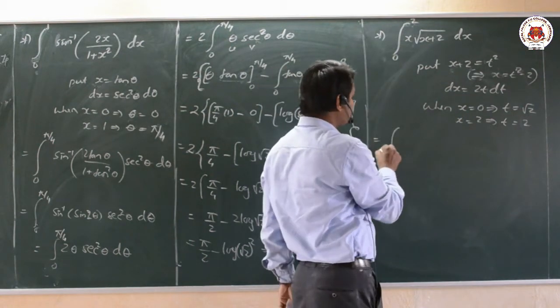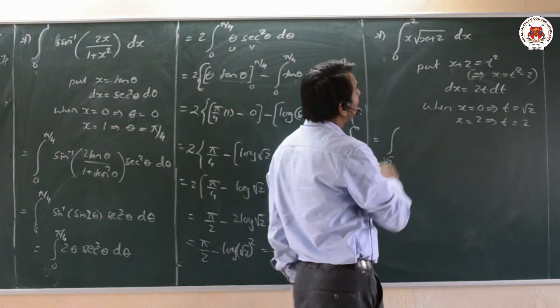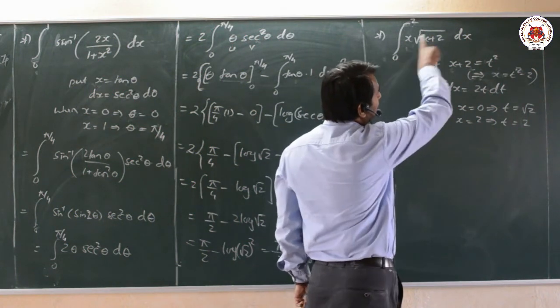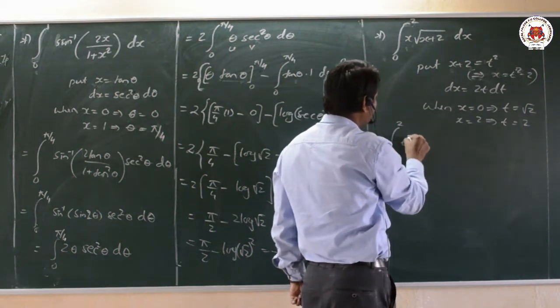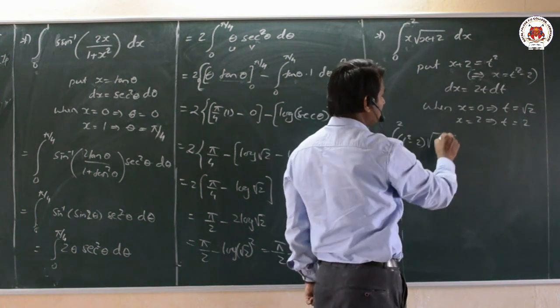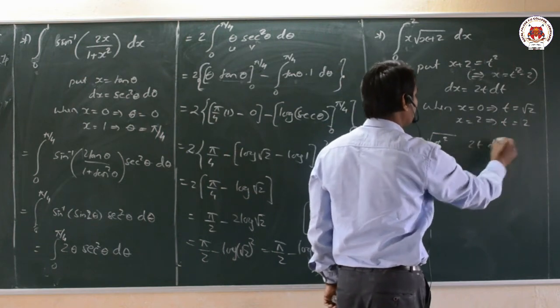What we have here is the integration from root 2 to 2 of x, that is t square minus 2, into root of x plus 2, that is t, into dx, that is 2t dt.